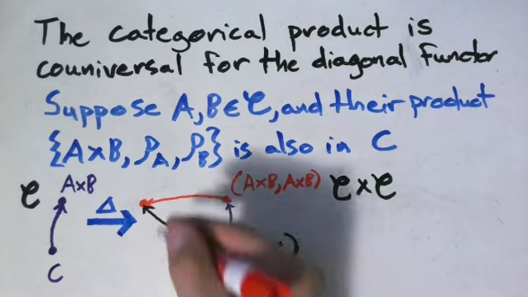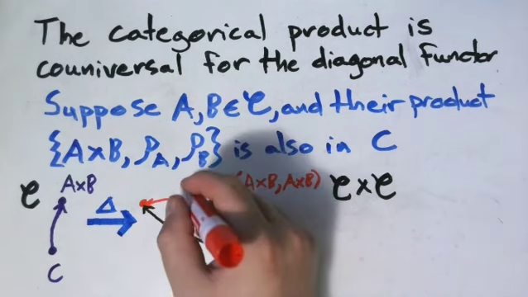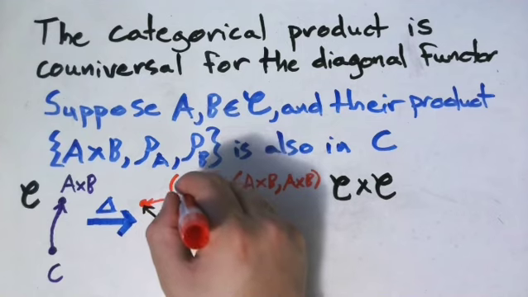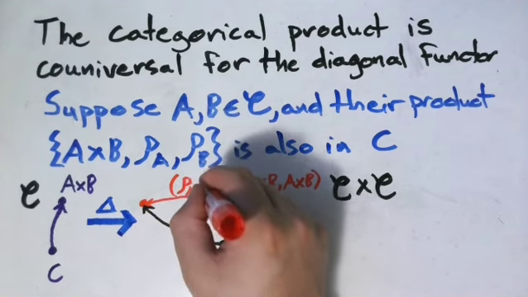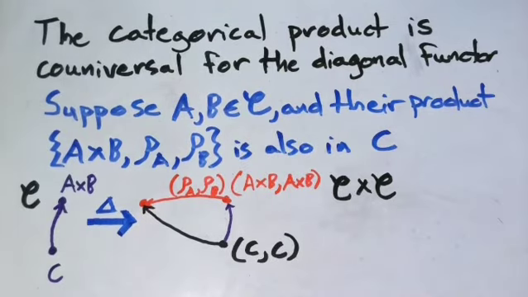So in this case, we know that UD, which was the generalized name for it, in this case will actually be the pair rho A, rho B, the projection from A cross B into A and the projection from A cross B into B. But then the question is, what do we label this?